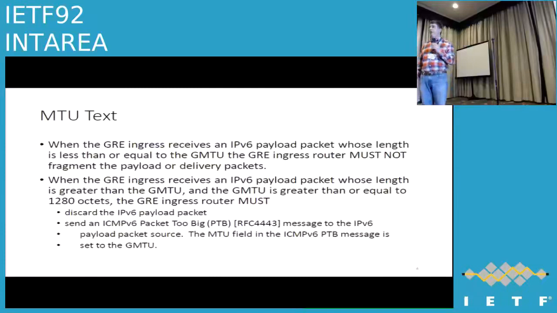So what it's saying is, in that nominal case, where the GMTU, the MTU across the tunnel, is greater than 1280, drop the packet, send an ICMP PTB back to the source.